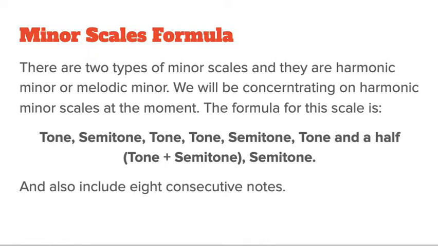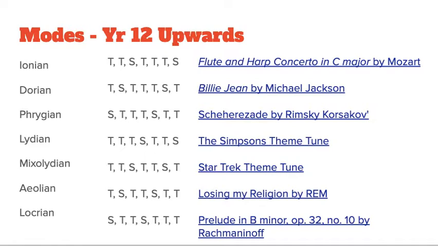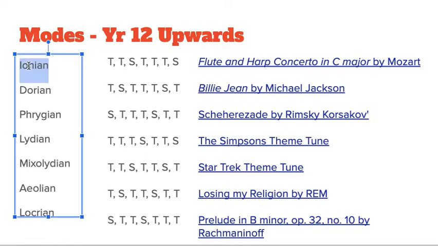Now, from level 2 and upwards, as I said to you, there's one other one. And these are called modes. Now, major and minor scales are actually based on modes. Ionian, which is here, is actually a major scale, which is tone, tone, semitone, tone, tone, tone, semitone. Okay.